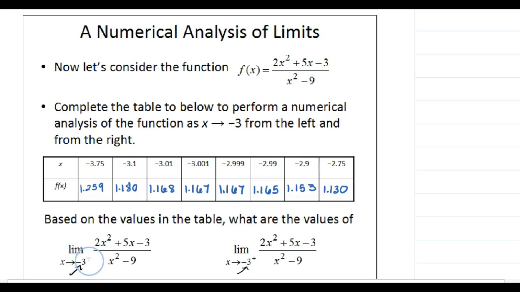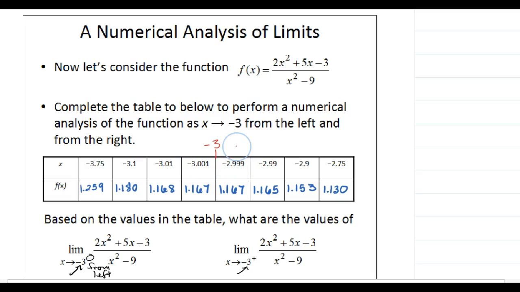We're starting by approaching -3 from the left, remembering that this little negative up here, this means from the left. So I'm going to start left of -3. Well, where would -3 be? It would be right about here, between -3.001 and -2.999.